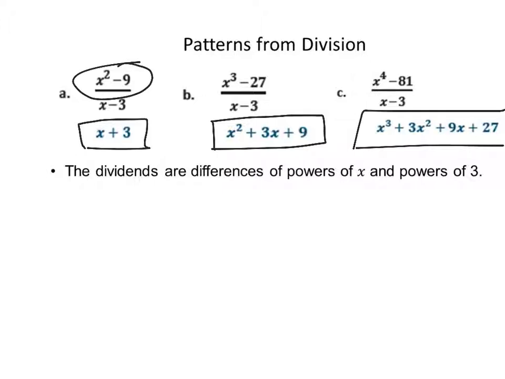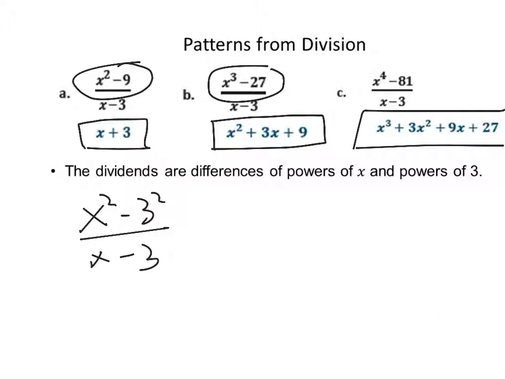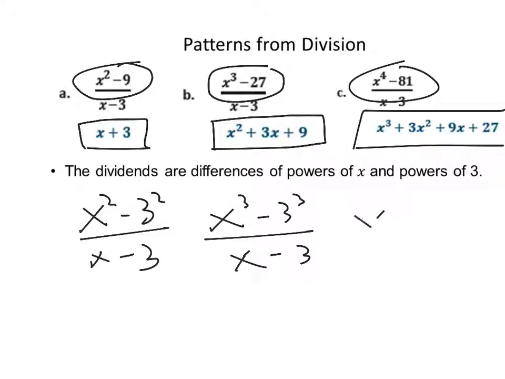So I can write that as x squared minus 3 squared divided by x minus 3. I can also write this one like x cubed minus 3 cubed divided by x minus 3. And I can write this one as x to the 4th minus 3 to the 4th divided by x minus 3.